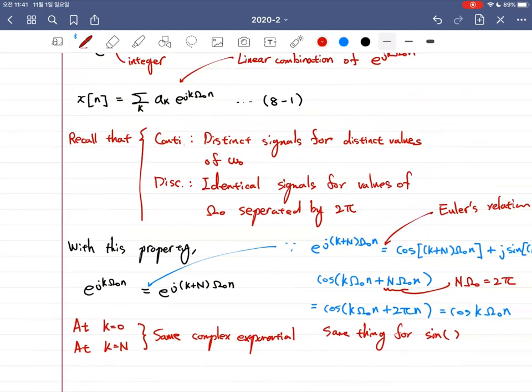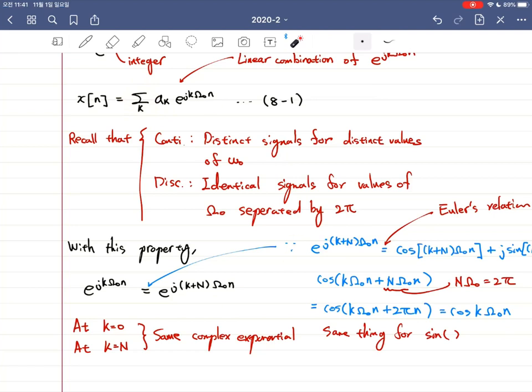Therefore, I want to say that in the continuous time, we did this integration from minus infinity to plus infinity.